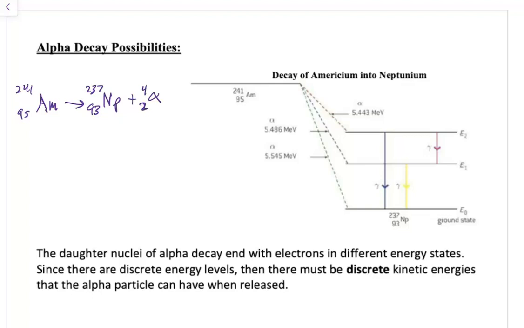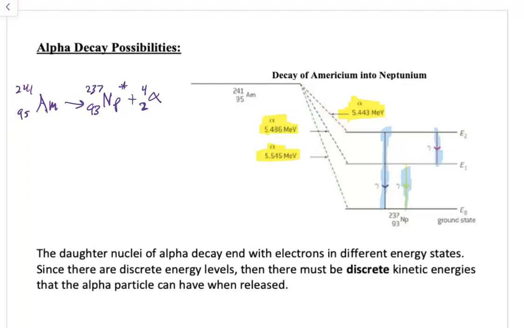As it decays, though, it doesn't just decay into neptunium's ground state. There's a lot of different possibilities for it to decay. This is observed in experiments. It decays into an excited state. Now, that only shows these sections because after it decays into an excited state, it must undergo gamma decay as well to show the release of the photon from an excited atom, excited neptunium.